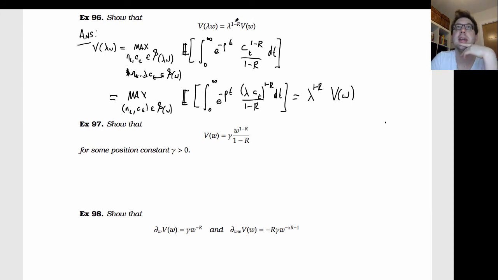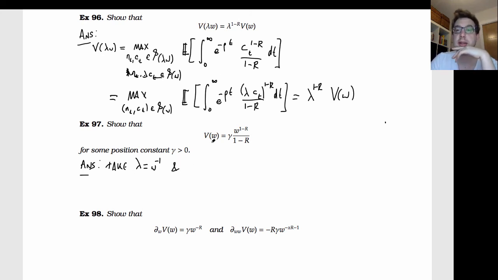I could take lambda, for example, if this expression always holds, I can take lambda equal to w to the minus 1 in here, and then I'll get V of w here, I'll get w to the minus 1, 1 minus r, and I'll get V of 1 here.